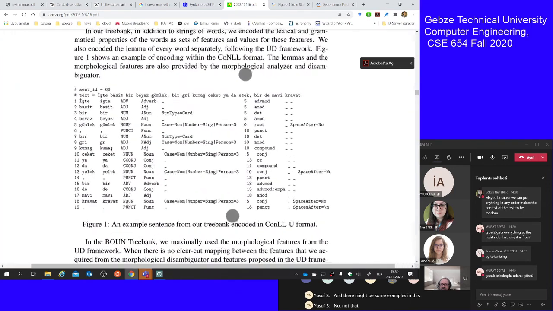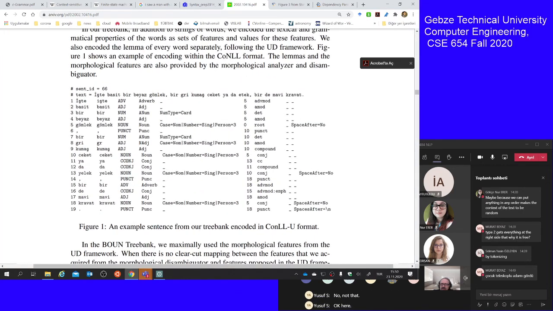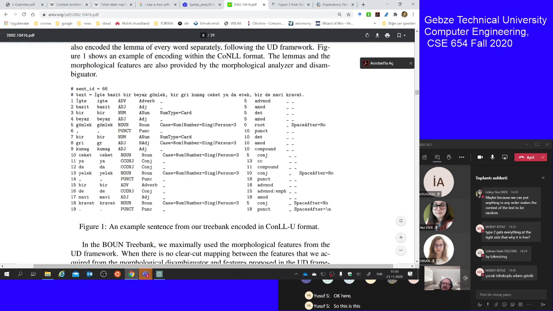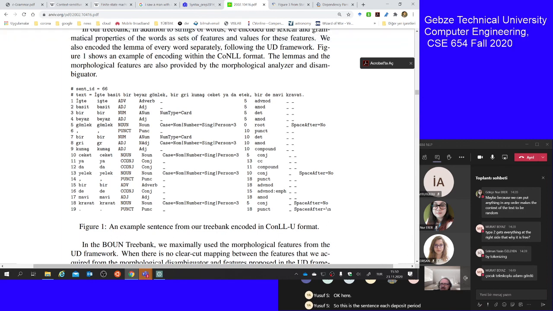Okay, here. So this is the sentence. İşte basit bir beyaz gömlek, bir gri kumaş ceket ya da yelek, bir de mavi kravat. This is the sentence.